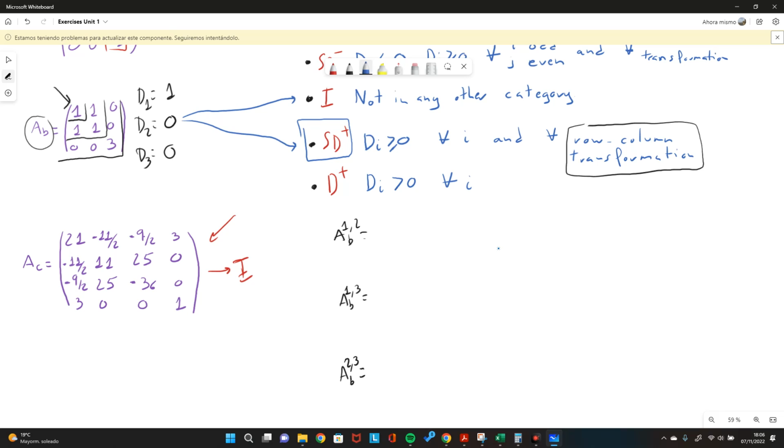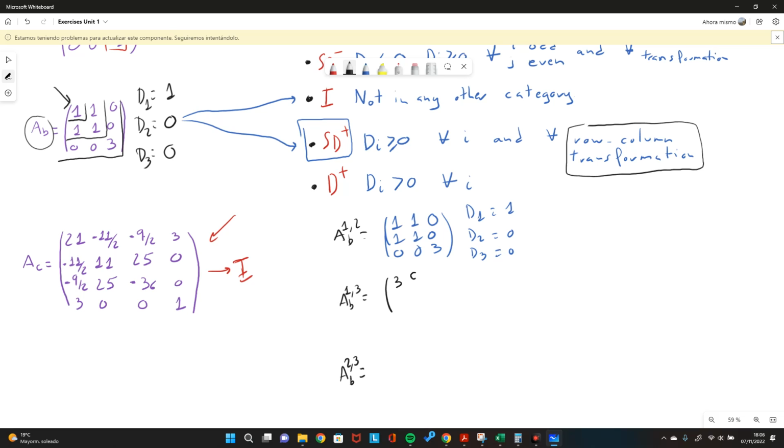With 1 and 2, it's going to be exactly the same matrix because both rows and columns are exactly the same if you look at it. So not much to do here. And so these three determinants are going to be exactly the same, right? This is going to be 1, this is going to be 0, and this is going to be 0 as well.